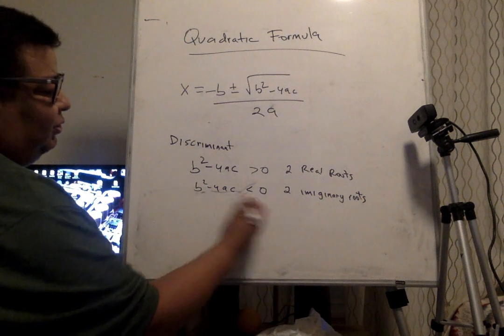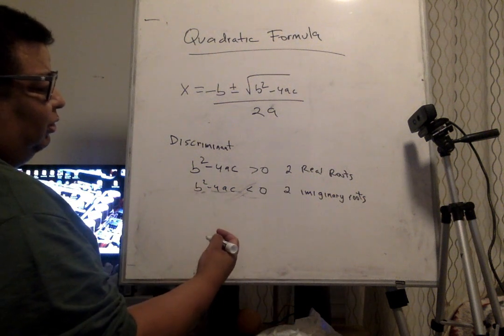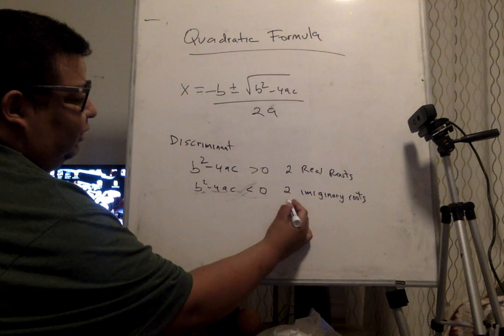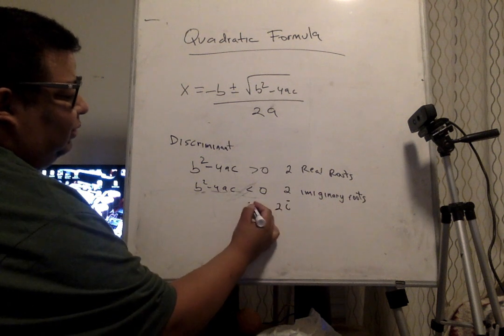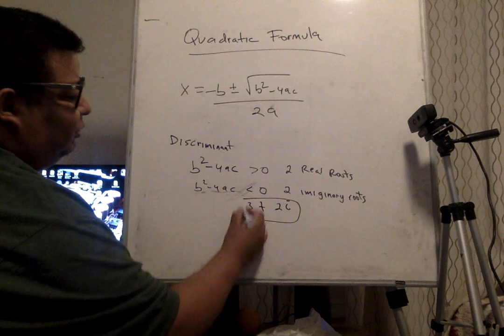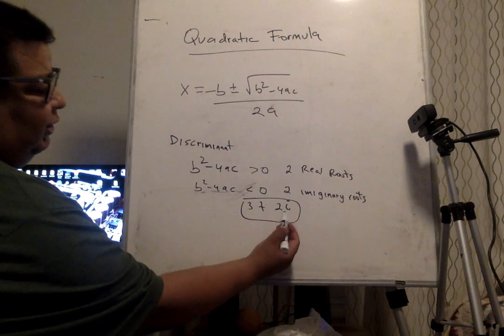That means that your solutions will have an i on it, like 2i or something like 3 plus 2i, something that looks like this with the i.